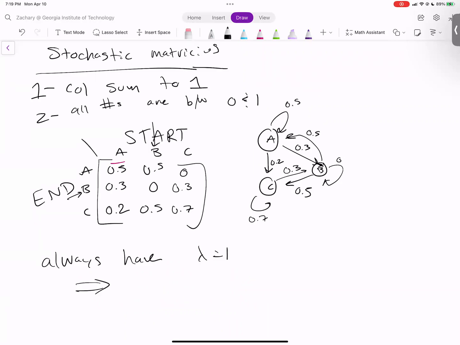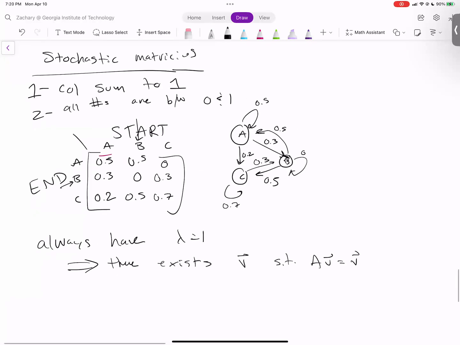This implies there exists a vector such that A times the vector equals just your vector, right? So by definition of this, we have some vector that when we multiply by the stochastic matrix, it's the same thing. Called steady state. This doesn't change as we add more time to it. Okay. All right.